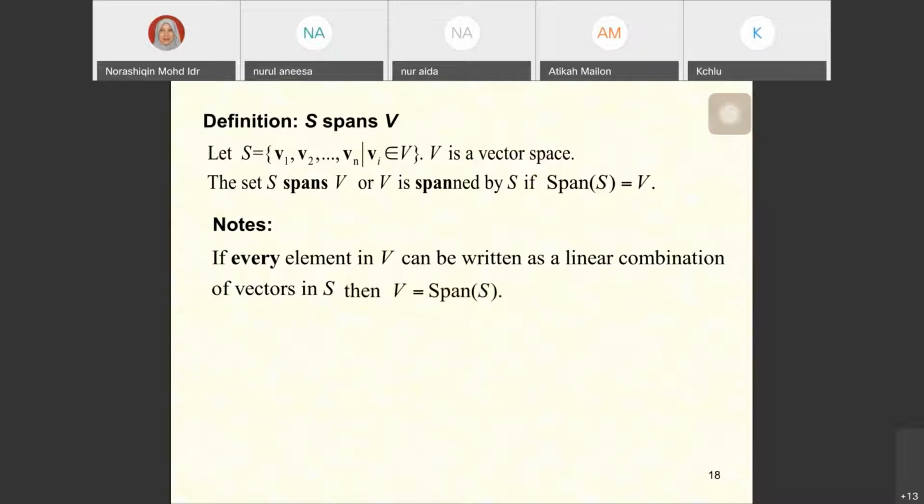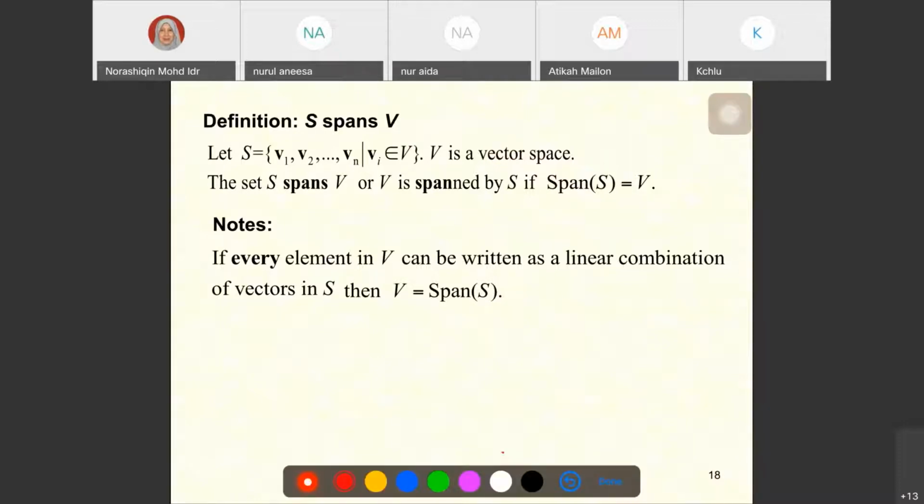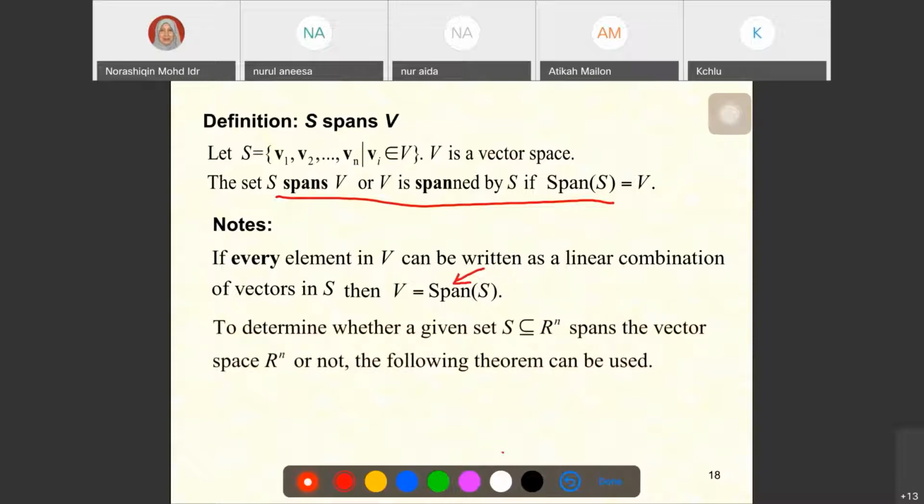How to determine? Okay, so we say that V equals the span of S. So this is very important. Next, how do we determine whether a given set S, which is a subset of Rn, spans the vector space Rn or not? We can use the following theorem.